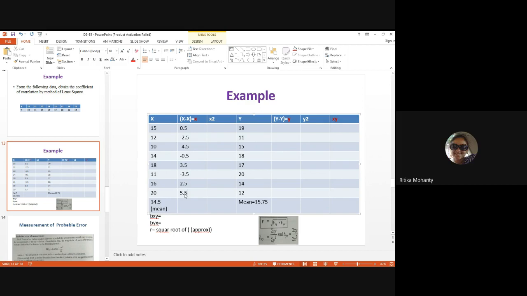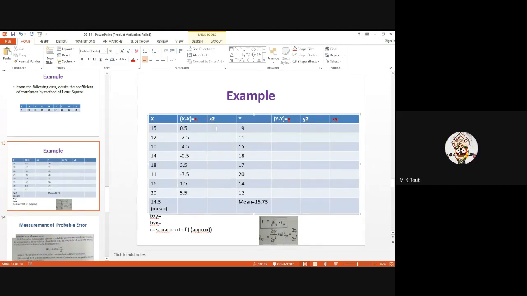Yes, sir, 5.5. Similarly, calculate the x square. What is 16 minus 14.5? 1.5, na? Yes, sir.